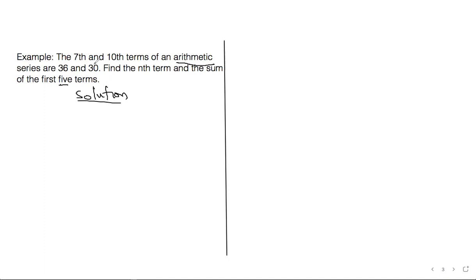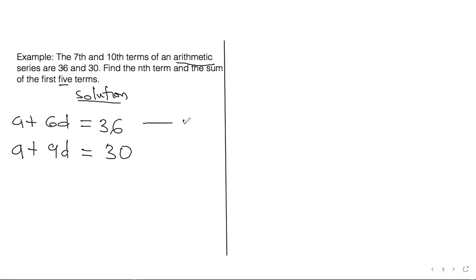Here we have the value for the 7th term, and we know that the 7th term can be written as A plus 6D. Don't forget, it should be n minus 1, so 7 minus 1, and that is given as 36. The 10th term should be A plus 9D, and that's 30.